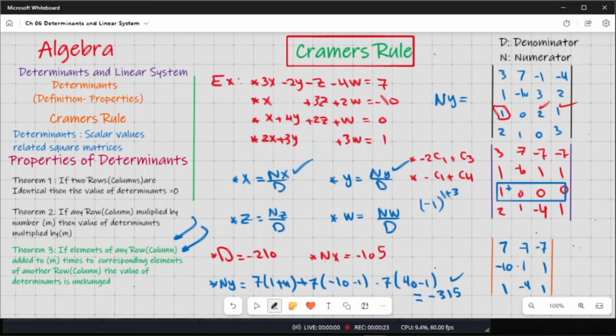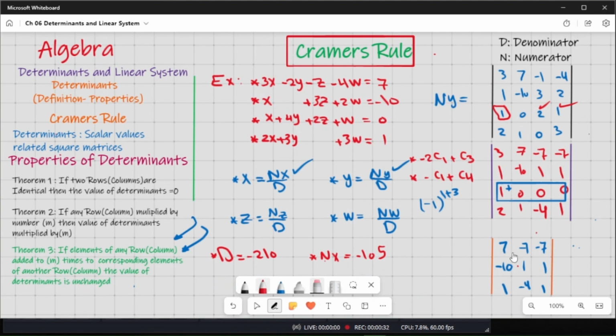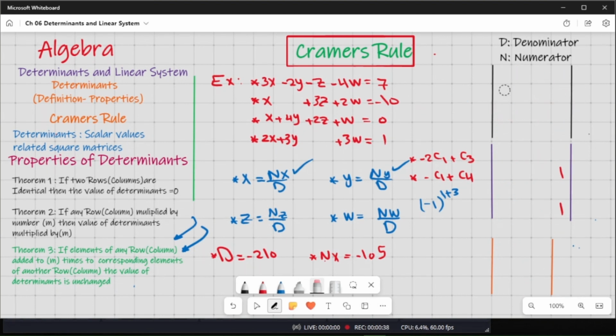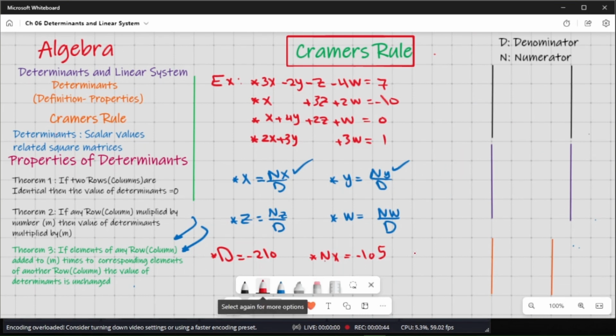Okay, so just we obtain ny, move to nz. We have here ny equal to -315 and move to nz.